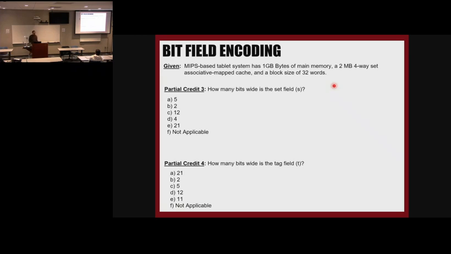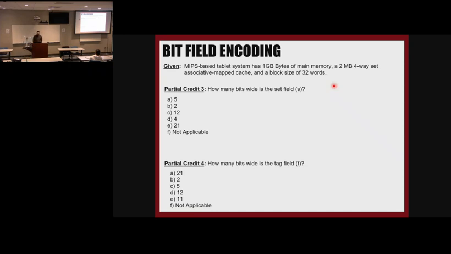It means that we have 2 to the 7 bytes per line. But we have 4 lines in each set. 4 is 2 to the 2, multiplied by 2 to the 7 gives me 2 to the 9. So we have 2 to the 9 bytes in every set. That's the size of the set.